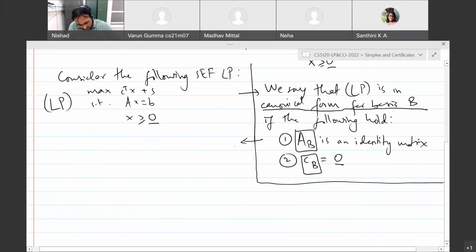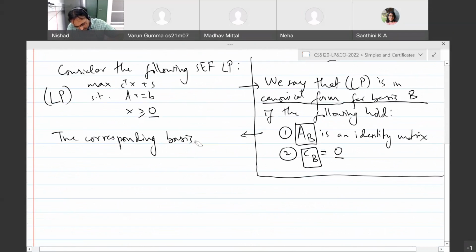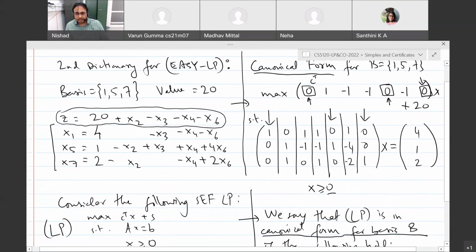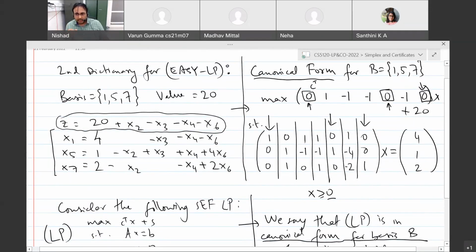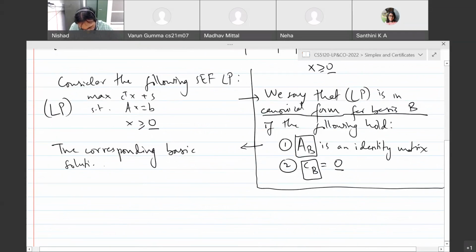So the corresponding basic solution, if you have a canonical form, which is basically the same as dictionary, as you can see here, is just going to be: set the basic variables to the right hand side and the non-basic variables to the 0 vector.